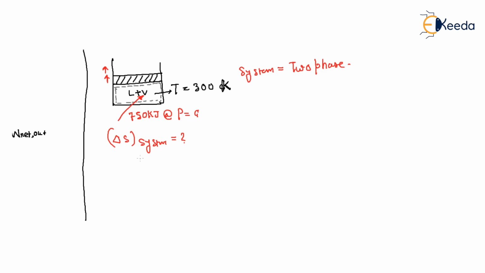Heat is transferred to a liquid-vapor mixture of water in a piston cylinder device at a constant pressure. The entropy change of water is to be determined. So what is the assumption?